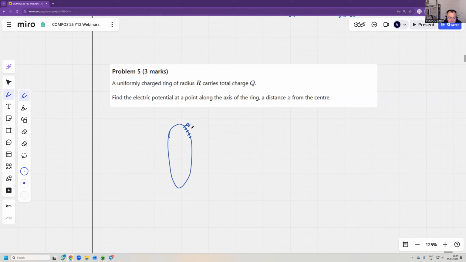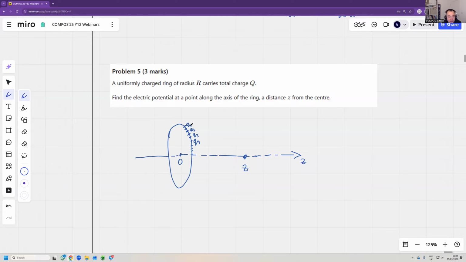Let's call them Q1, Q2, Q3, Q4, etc. Now, this is the axis of the ring, and you are at point Z, where this is the Z axis, and this is 0.